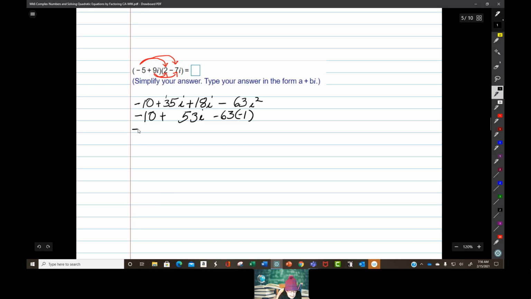So that will give me negative 10 plus 63 plus 53i. Now negative 10 plus 63 is 53. So the real part is going to be 53, and the imaginary part is going to be 53i. And the answer is in a+bi form.